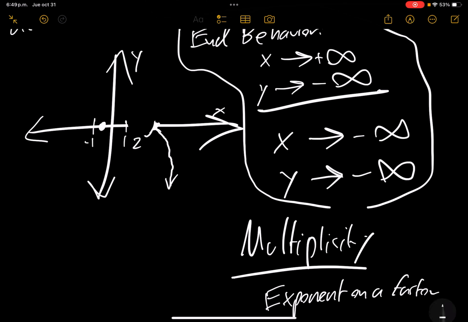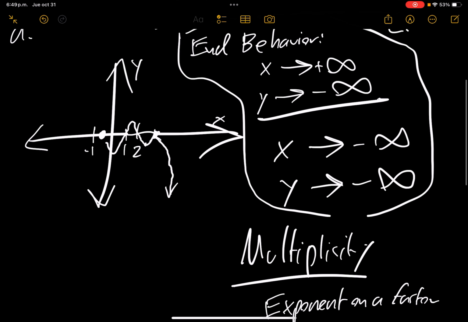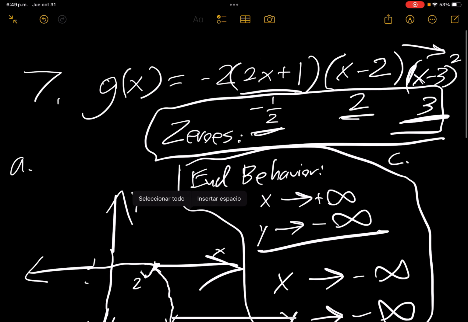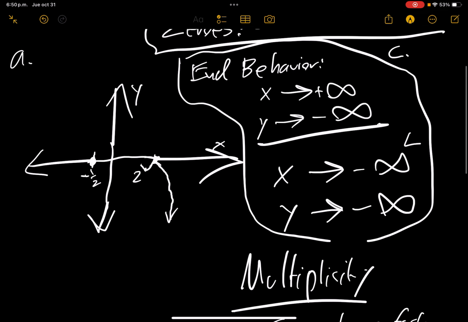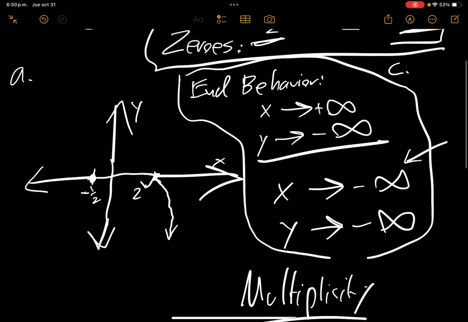All right, it goes through it. It goes back. It goes through the 1. Turns around again. Oh, wait. No, there wasn't a point at 1. That was my mistake. Ignore me. The zeros are 3, 2, and -1/2. The reason I caught myself right there was because I know the end behavior should go down as well.